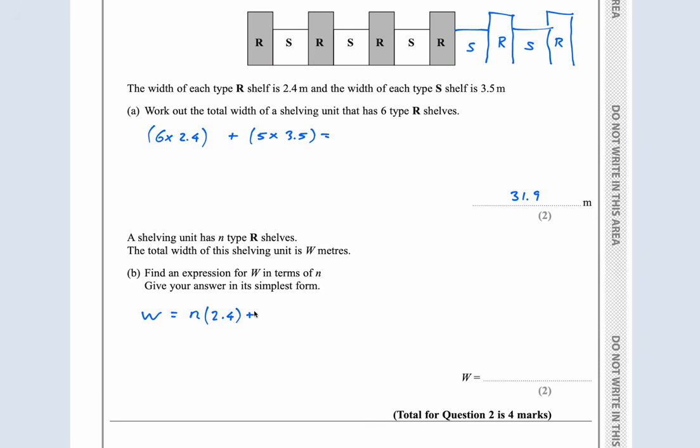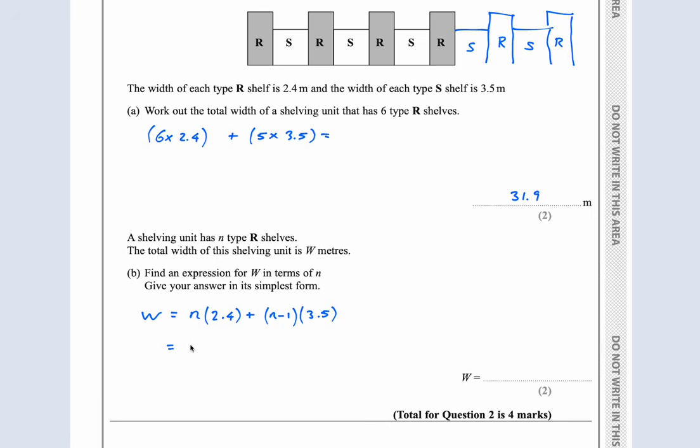But how many 3.5s are there? Well, there's always one less. If there's 6 R's, there's 5 S's. If there's 10 R's, there's 9 S's. If there's n R's, there's n minus 1 S's. So it's n minus 1 times 3.5. Now we have to multiply this out, guys.